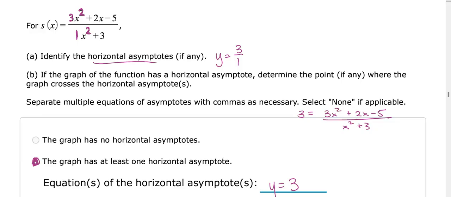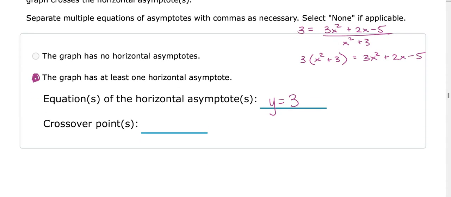So I get 3 times x squared plus 3 equals 3x squared plus 2x minus 5. On the left, I need to distribute, so I get 3x squared plus 9 equals 3x squared plus 2x minus 5. 3x squared, if I subtract it from both sides, those cancel.